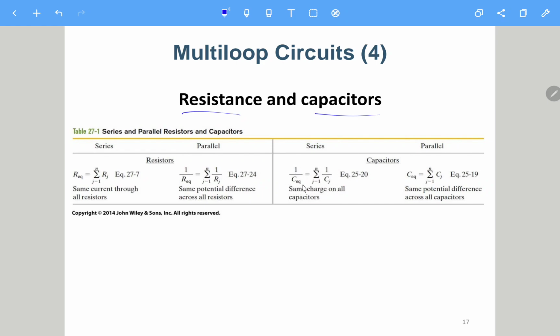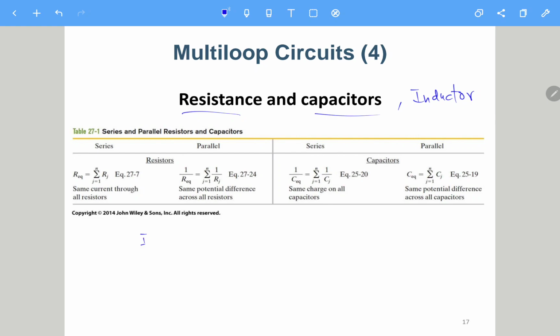And for parallel capacitance, we just add the capacitances together. One thing I can supplement here is if we have inductors, parallel inductor or series inductor, which side should we take?